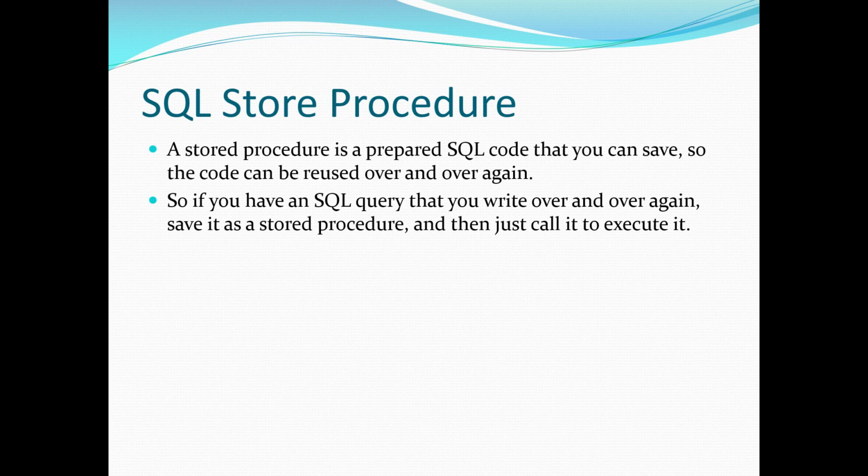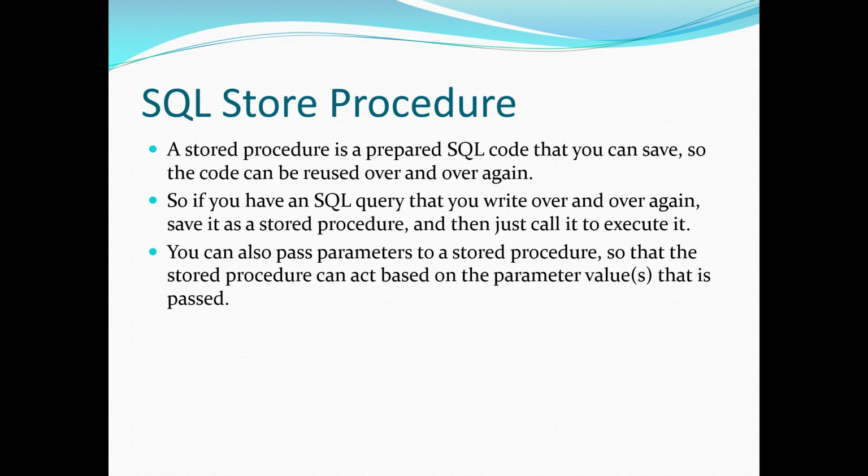So we just call this stored procedure as a function with parameters, and inside the stored procedure there will be the query. Then according to the parameter, the query will be run, and we can calculate the result through the query. So this is very simple. You can also pass a parameter to a stored procedure so that it can act based on the parameter value that is passed.